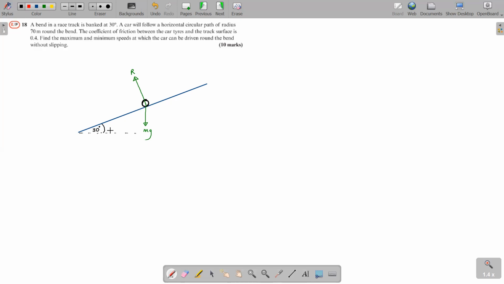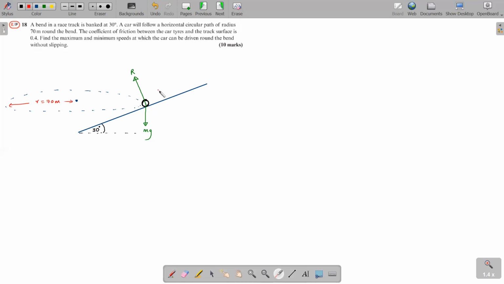This car is going in a horizontal circle. The car is traveling in a horizontal circle and the radius is 70 meters, the radius of the circular path.